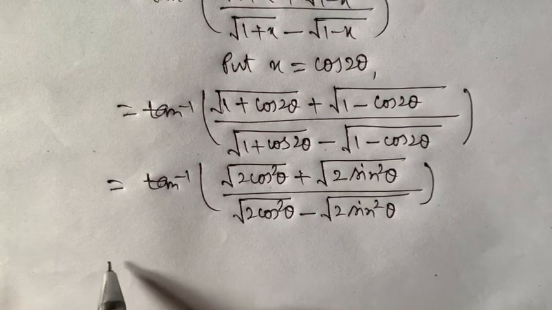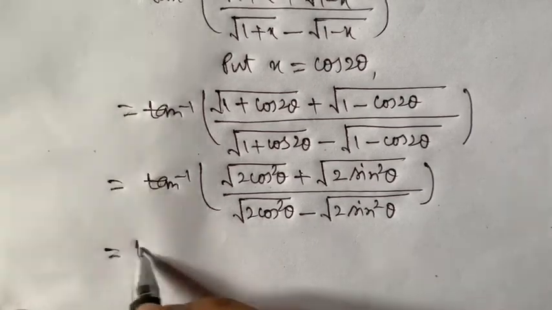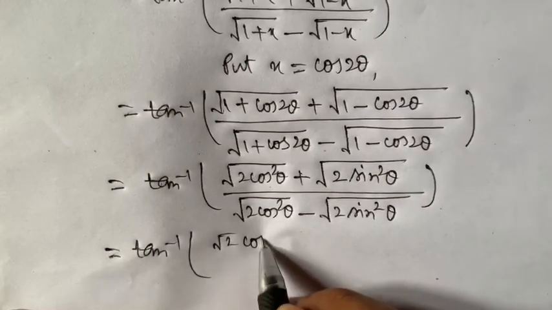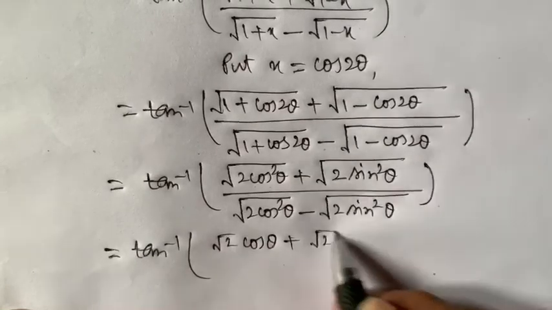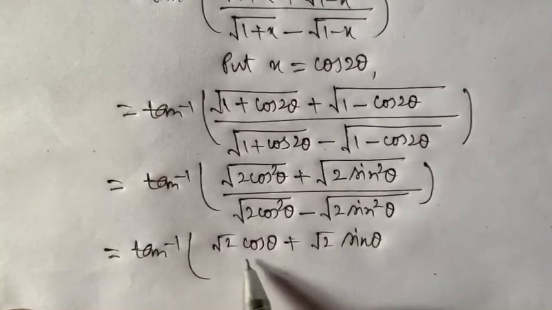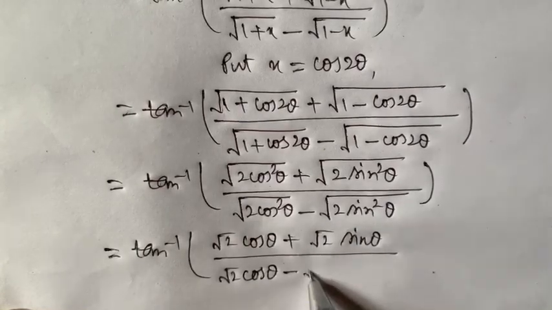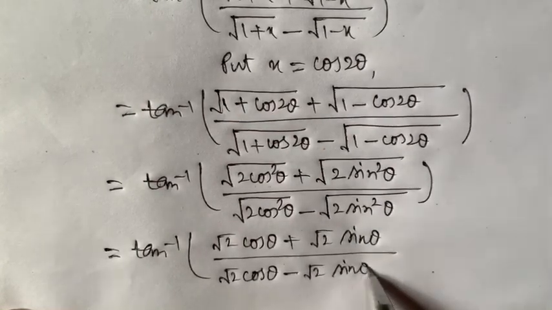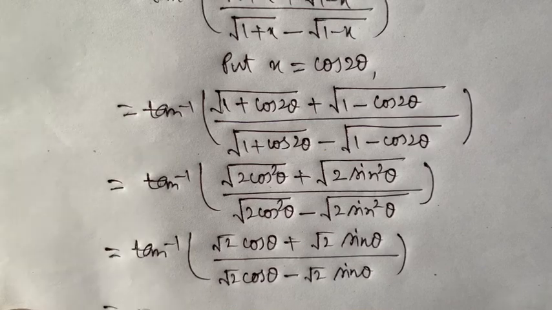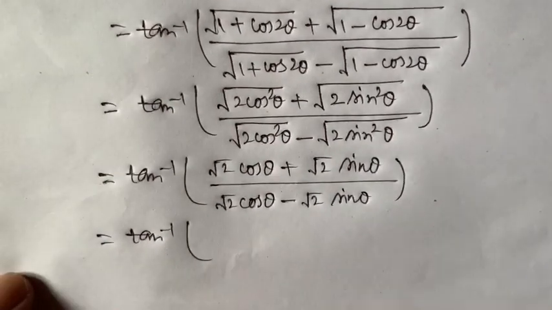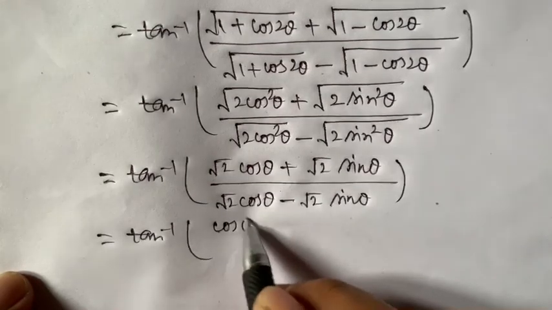Now we have the simplification process. It is tan inverse of root 2 cos theta plus root 2 sin theta upon root 2 cos theta minus root 2 sin theta. Now we will take root 2 as common from the numerator and denominator both and cancel it.